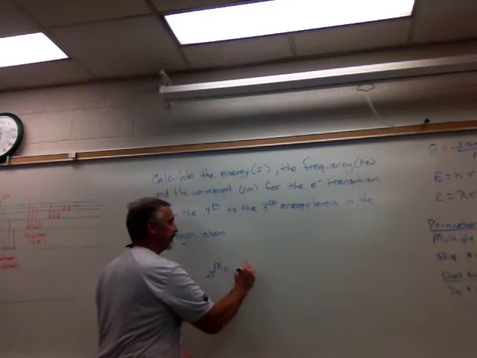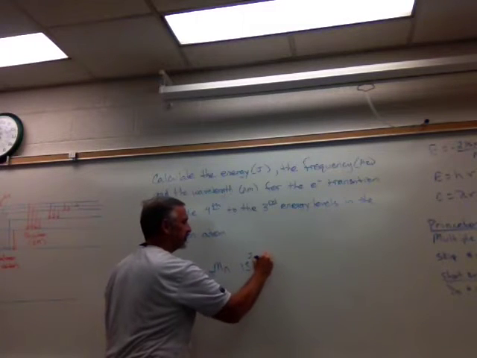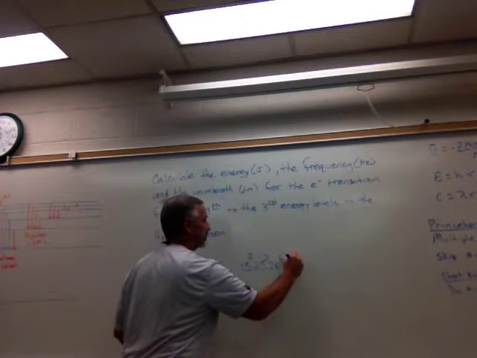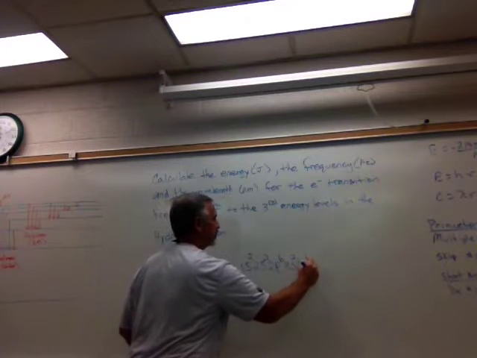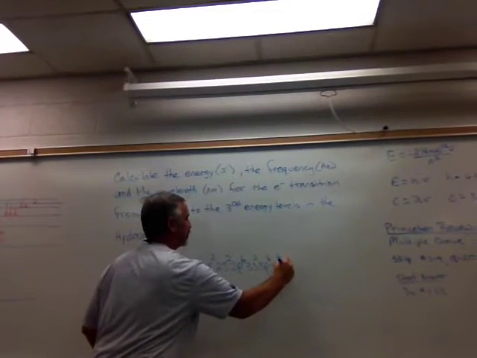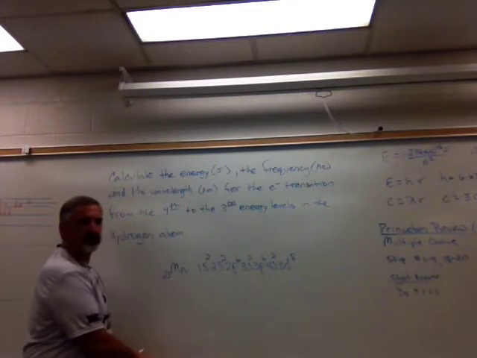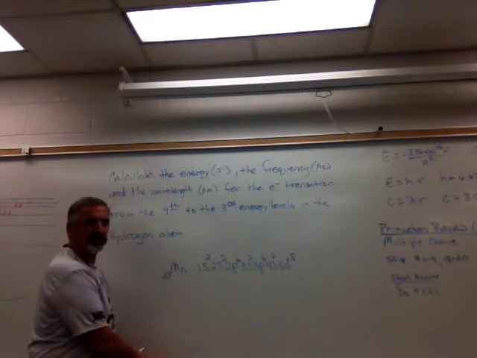The electron configuration is 1s2, 2s2, 2p6, 3s2, 3p6, 4s2, 3d5. So that's what the manganese atom would be.